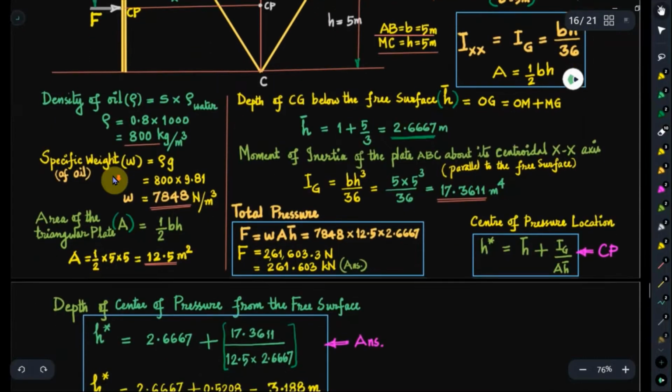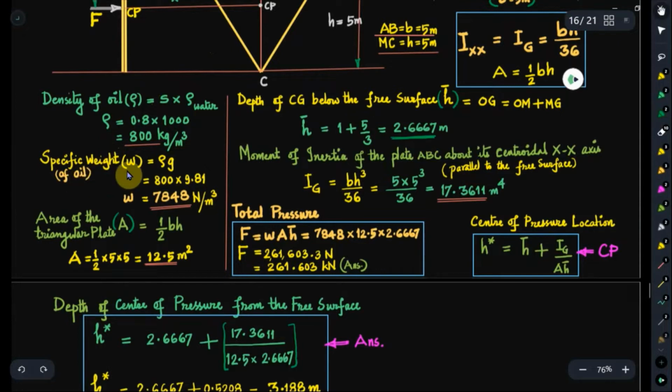Density of oil we can find out from the available specific gravity. Specific gravity of oil is given as 0.8. So 0.8 into density of water, that will give you density of the oil. So that is 0.8 into 1000, 800 kilogram per meter cube. That is the density of oil here. What is its specific weight?